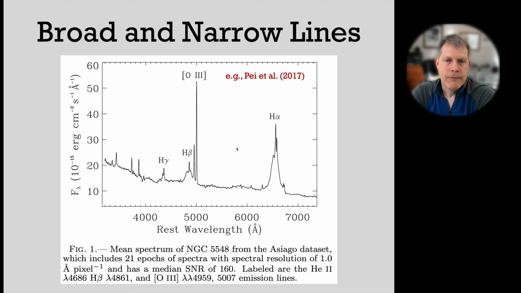And so the fact that we only see narrow O3 and do not see any broad contribution to O3, even down here at the base of the profile, there's not much suggestion of a broad component of O3. What is there is sitting on top of the base remaining from H beta there. But the O3 line intrinsically seems to be narrow, which tells you that there can't be a lot of low density gas that is moving at very high velocities, because if there were, you would see some broad O3 emission, which you do not see.